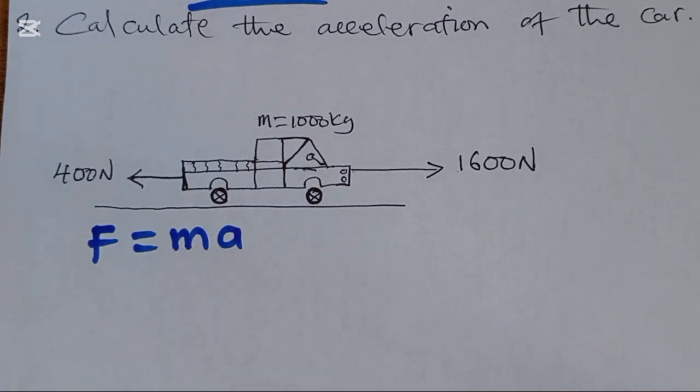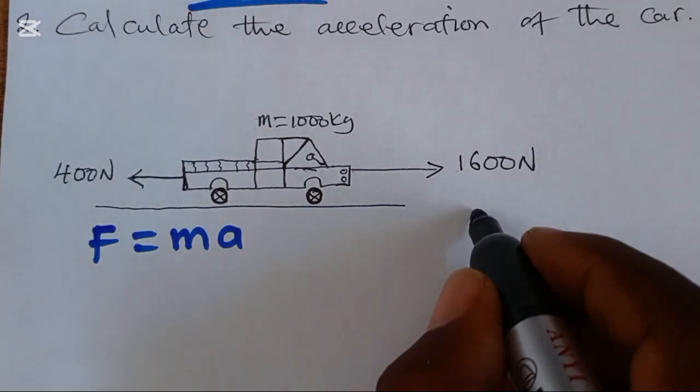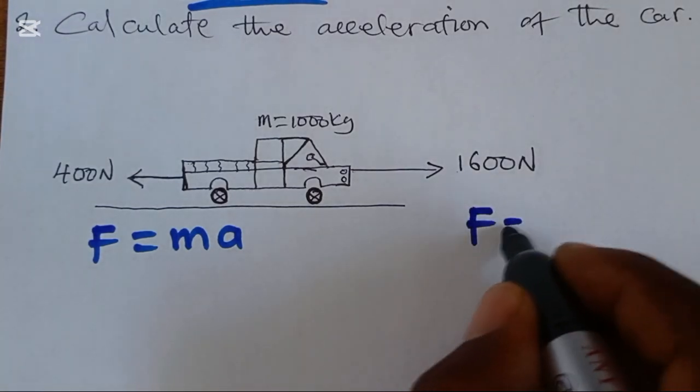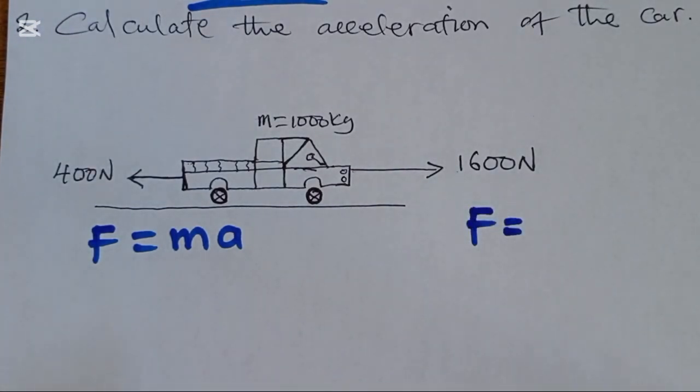Do we have force? So we have two forces that are acting on the car. So in this case, we are going to calculate the resultant force. So how do we calculate the resultant force? Since these two forces are acting in opposite directions, I'm going to subtract.